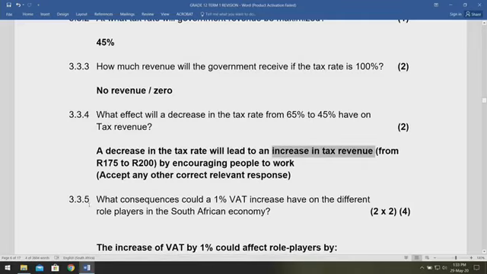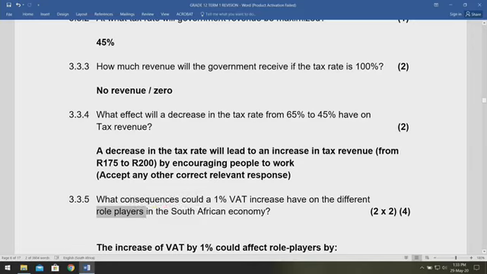Right. What consequence could a 1% VAT increase have on the different role players in the South African economy? Now, please, they're speaking about the role players in the economy. You've got to remember, if you're talking about role players, you're talking about government, consumers, and businesses. Okay?